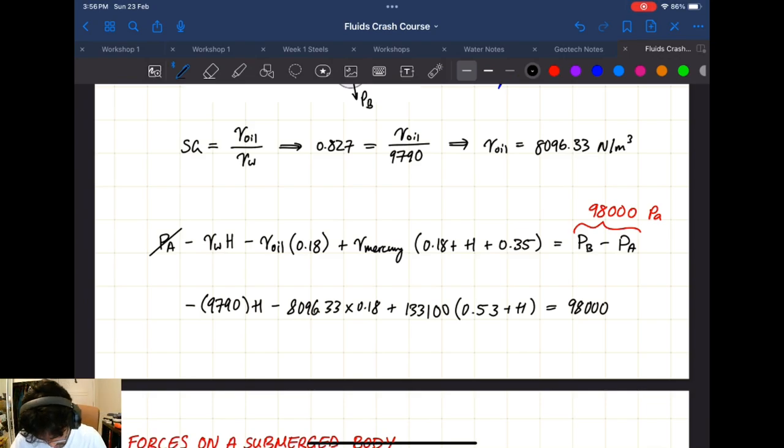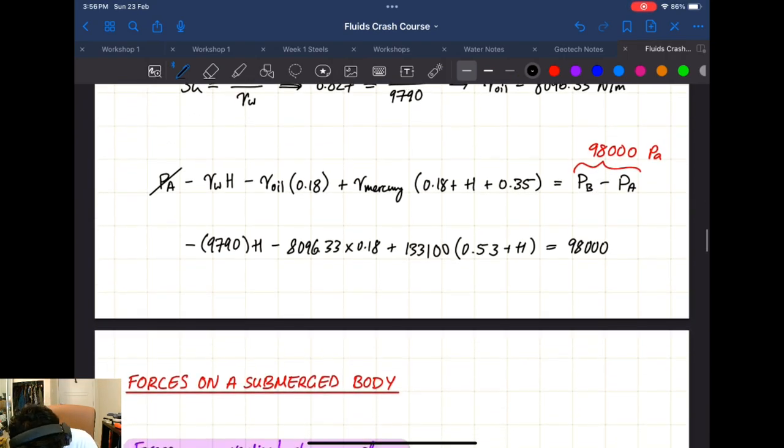Alrighty, so 8096.33 times 0.18. So you get h is equal to 23.4 centimeters.